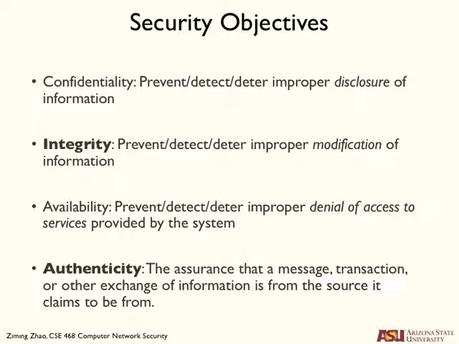But a hash function can be used for integrity checks. Even though it cannot prevent or deter modification of information, it can be used to detect any modification of a message. Also, it can be used to prove authenticity. We know public key crypto can do that, but we can also design protocols based on hash functions to do that, which may offer better performance.